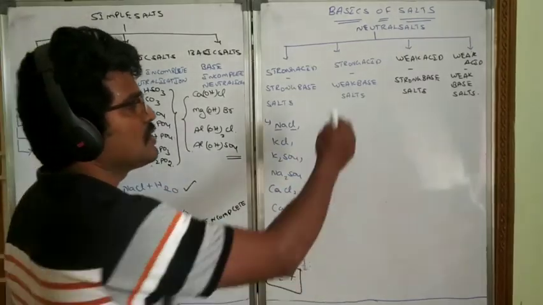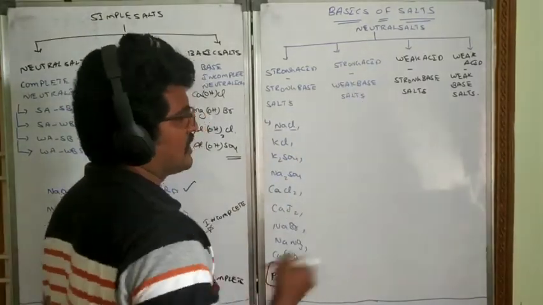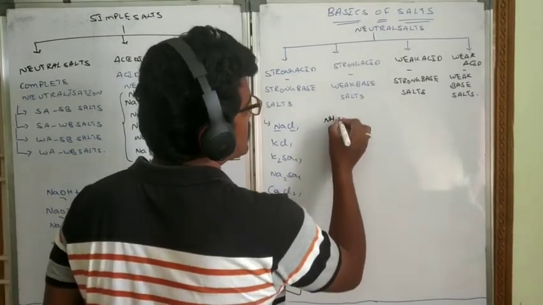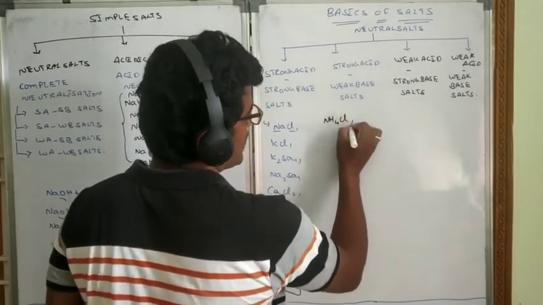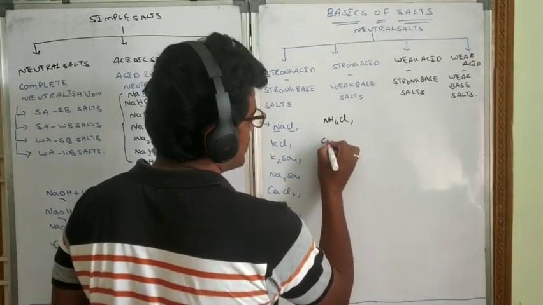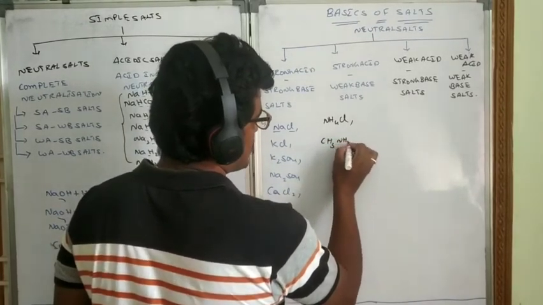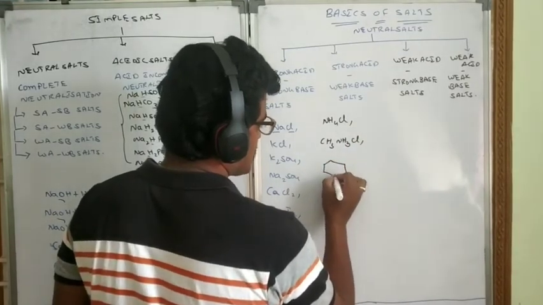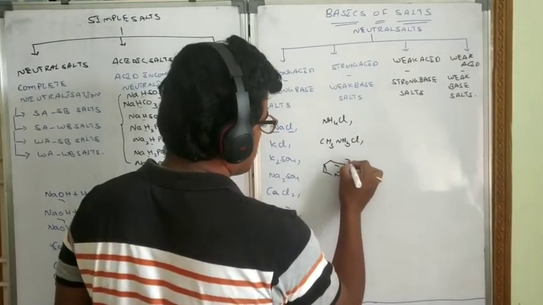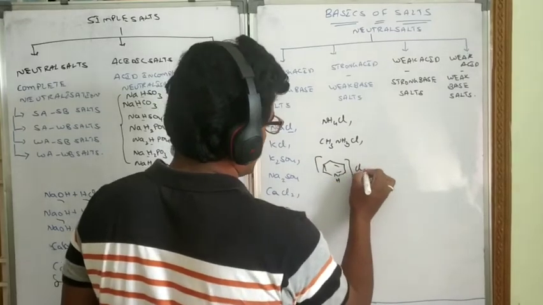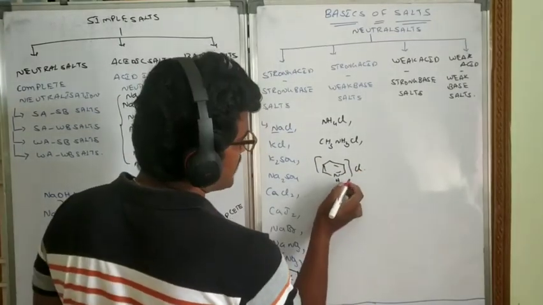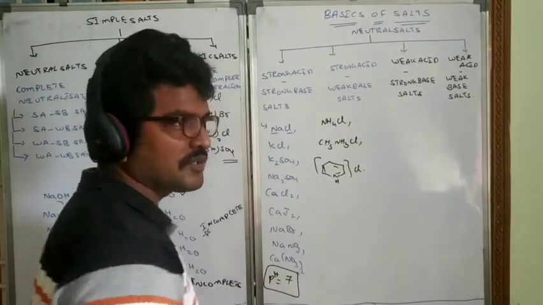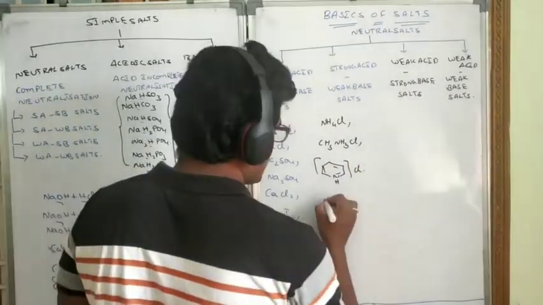Let's come to strong acid, weak base salts. Weak base NH4OH, strong acid gives NH4Cl, and then CH3NH3Cl, pyridinium chloride. Here pyridine is a weak base, methylamine is a weak base, ammonia is also a weak base.